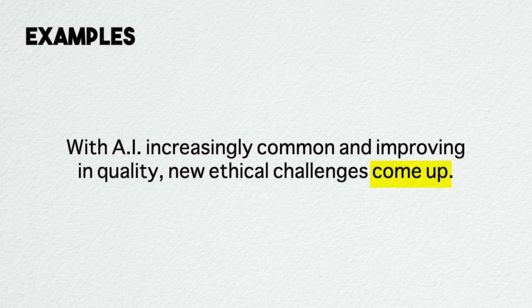That has a different meaning. For some reason, we don't favour these phrasal verbs, and if we can find a verb that does not have the preposition after it, we tend to use those in formal writing. So here we might say, with AI increasingly common and improving in quality, new ethical challenges arise, or appear, perhaps.